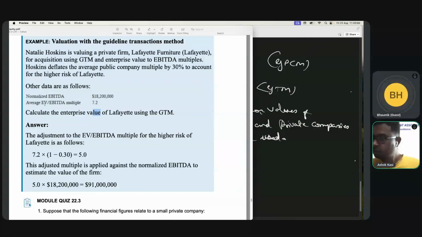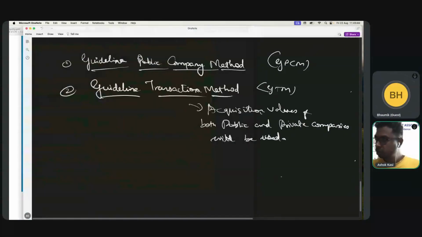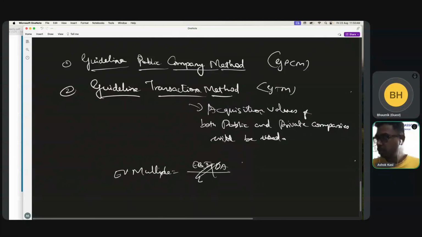7.2 is the average EV/EBITDA, and then they are applying a 30% discount, so minus 30% gives 5. The EV multiple is enterprise value divided by EBITDA.